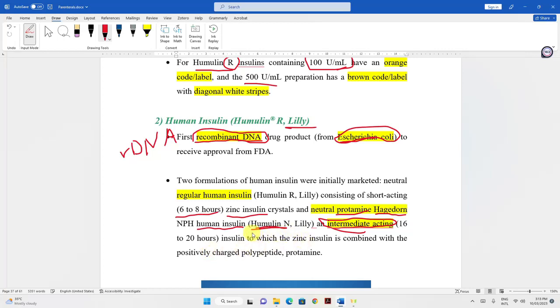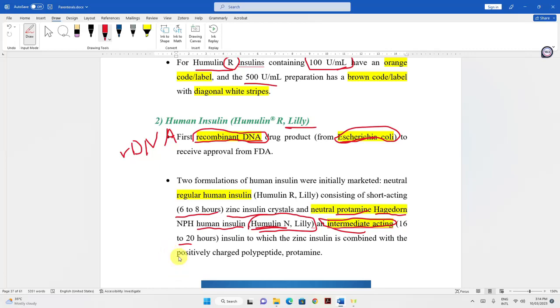The product that is available by Lilly is referred to as Humulin N, not Humulin R. R for regular, N for neutral, I believe, and it is an intermediate-acting insulin that has a duration of action of 16 to 20 hours. So how many injections do you need? You need 2 injections of intermediate-acting insulin every day.